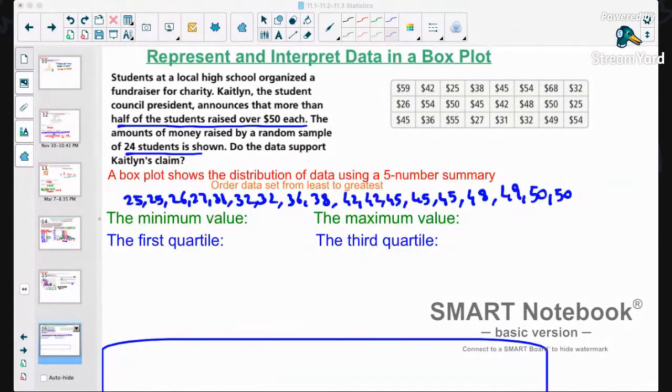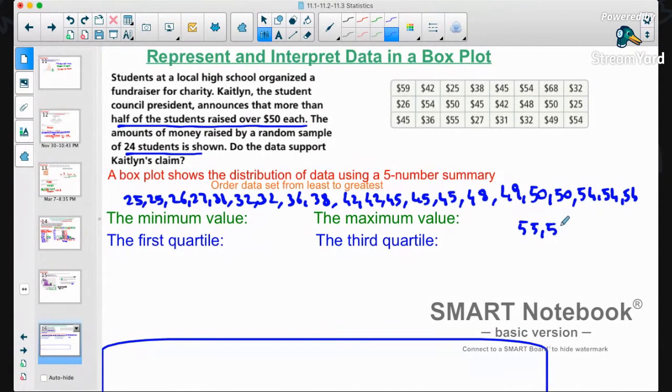Then 54, 54, 54, then 55, 59, and 68. To be able to make sure that I have 24 students' data, let me count it.